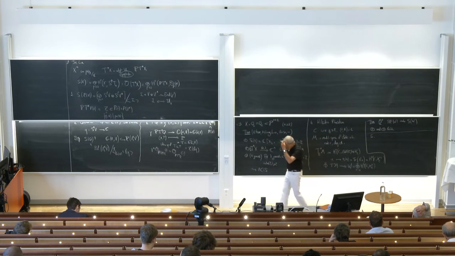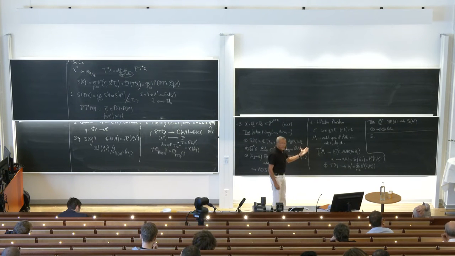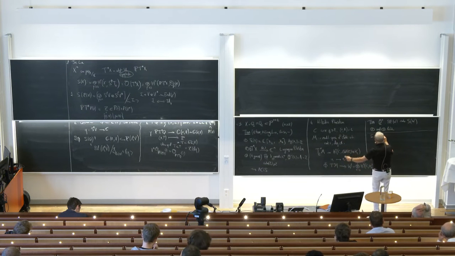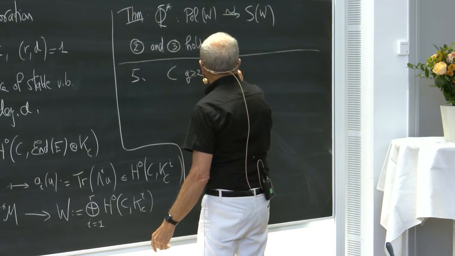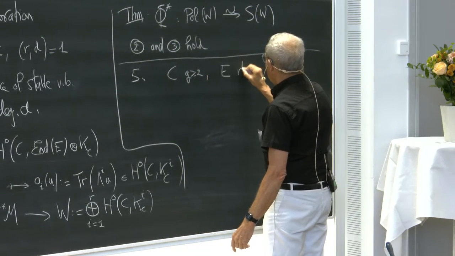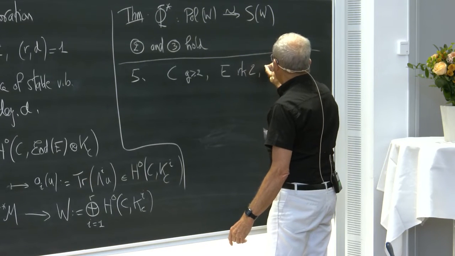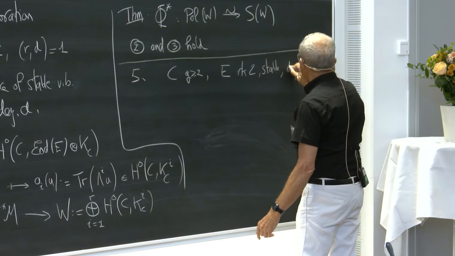So this is a rather simple example. X will be a ruled surface. Namely, I'll take, again, C of genus at least 2. I take a rank 2 vector bundle E, stable, and with trivial determinant.